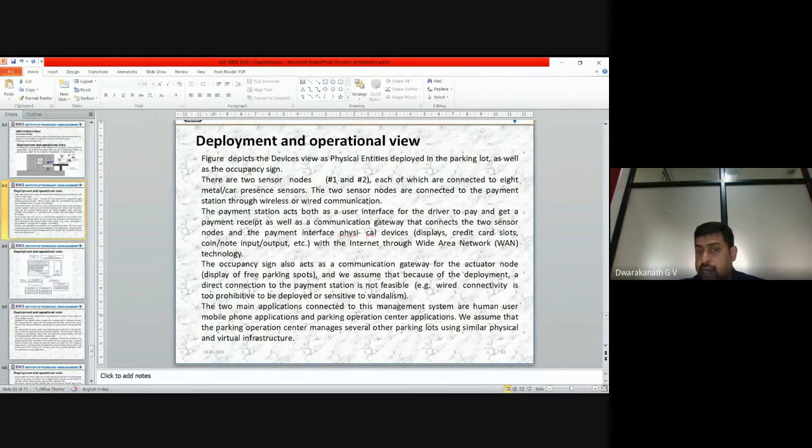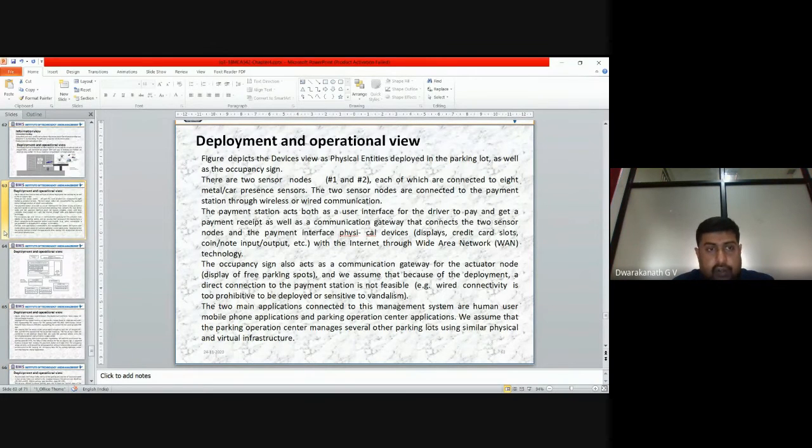Now your object is not there, your IR sensor comes in a second way now. So how to book that? We assume that the parking operation center manages several other parking lots using similar physical and virtual infrastructure. So it should take both physical infrastructure as well as virtual infrastructure.